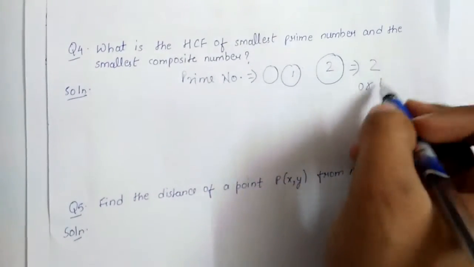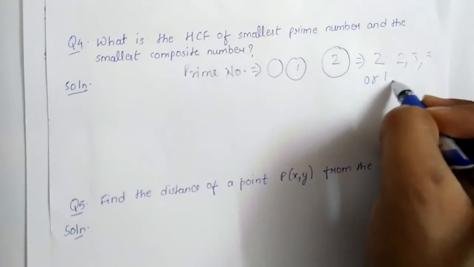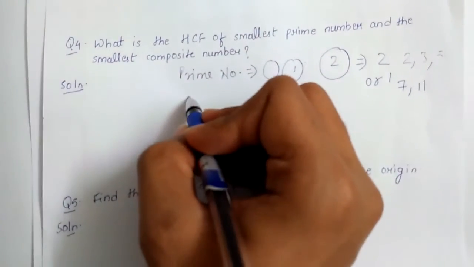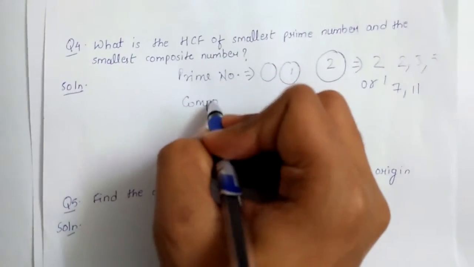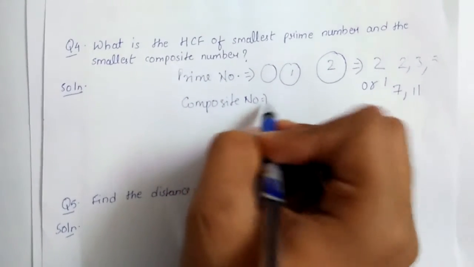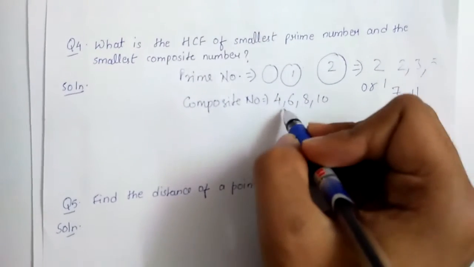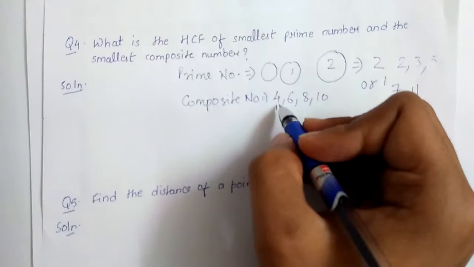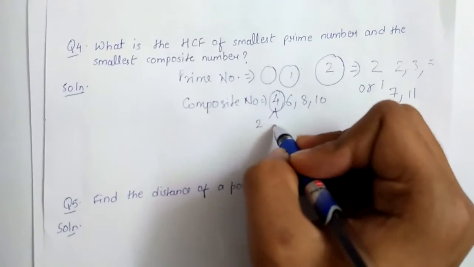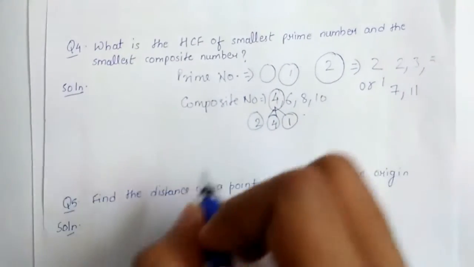So 2, 3, 5, 7, 11, these all are prime numbers. Composite numbers are the numbers which are not prime, like 4, 6, 8, 10, which have more than 2 factors. Like 4 has 2, 4 itself and 1 as factors.